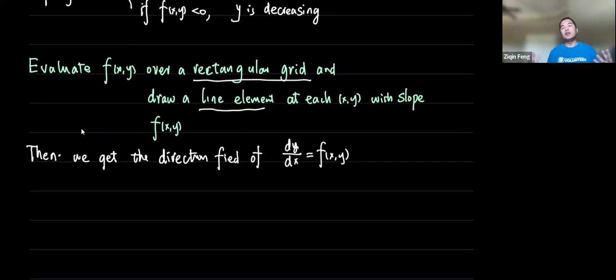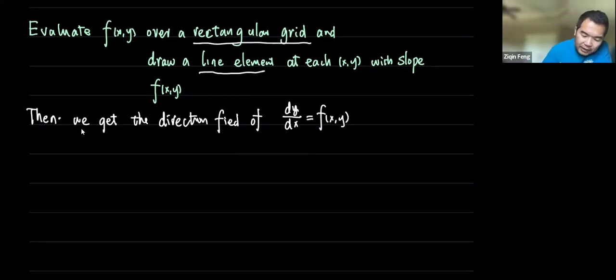For sure, if you want to understand the solution better, you need to make your grid finer and finer, and control the accuracy and the error. But in general, we will have a good understanding of what the solution looks like if the grid is fine enough. Let's see an example.